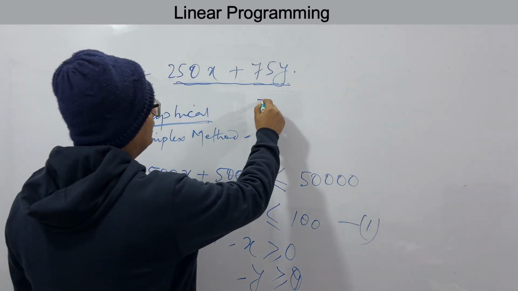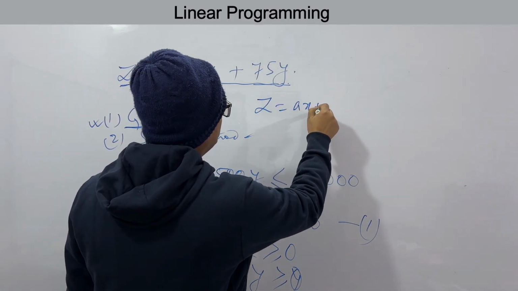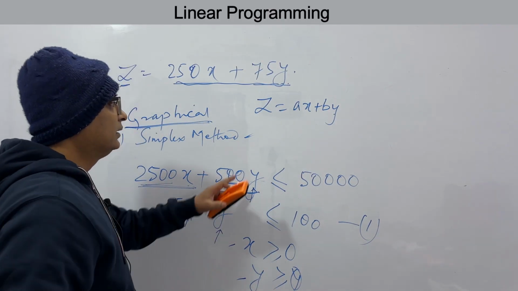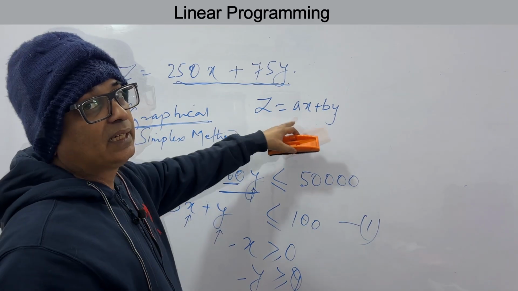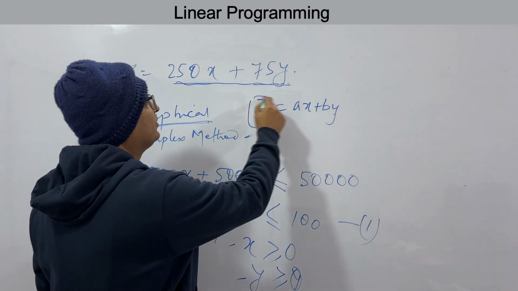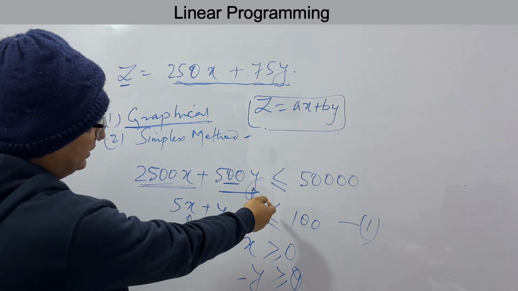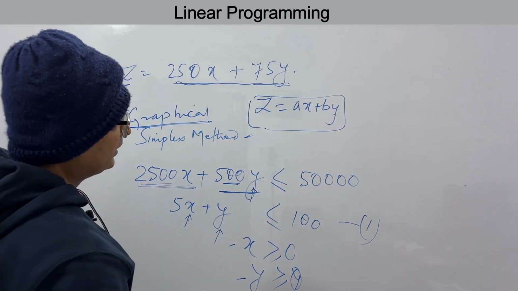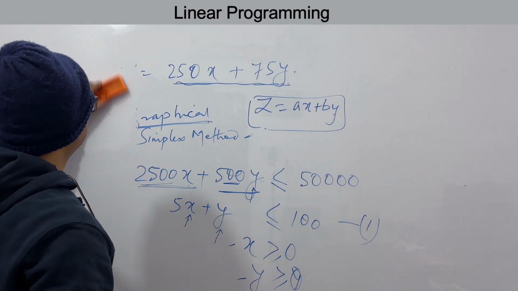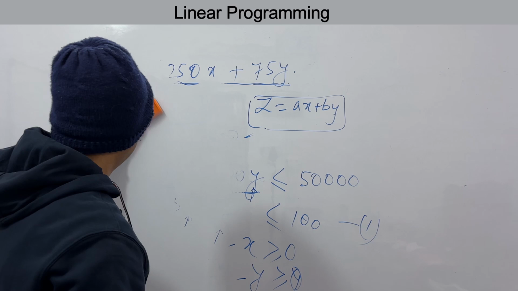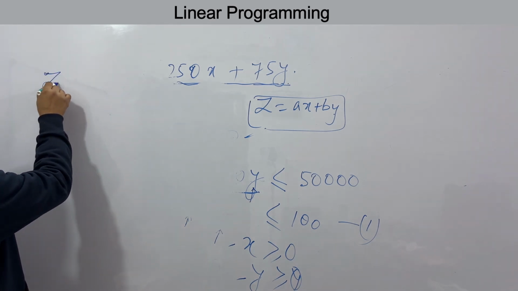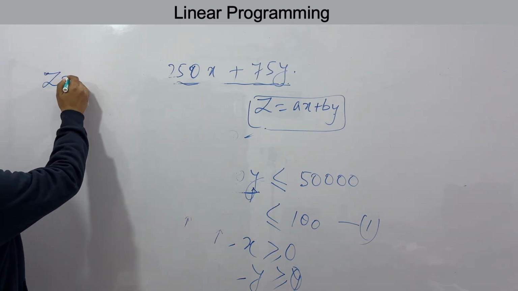So this z equal to, let's say, ax plus by, this is called the objective function. And these are the constraints, that this should be less than equal to this, and this should be greater than 0. I am writing it on the left hand side so that we are able to make the graph on the right hand side.